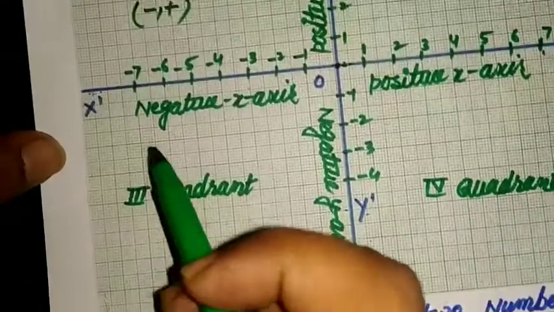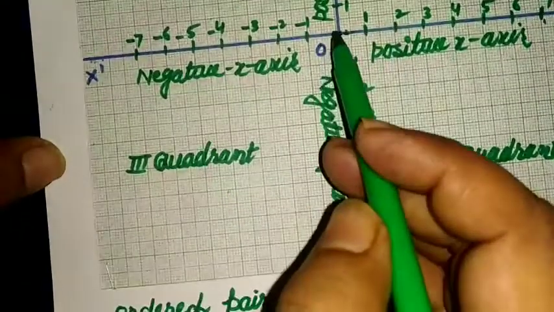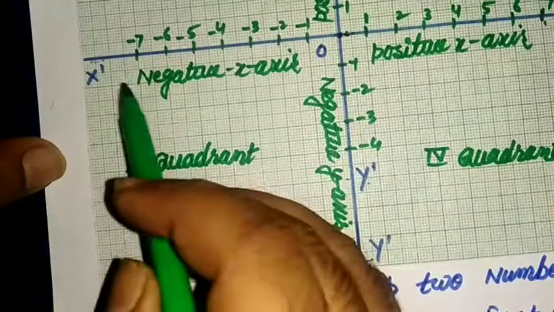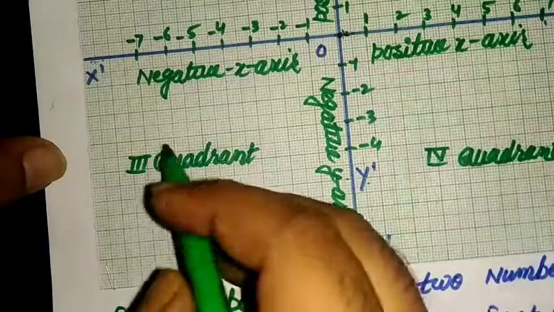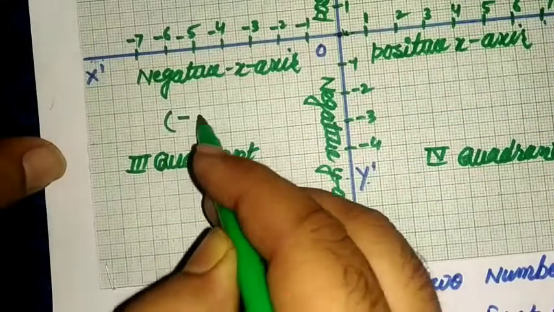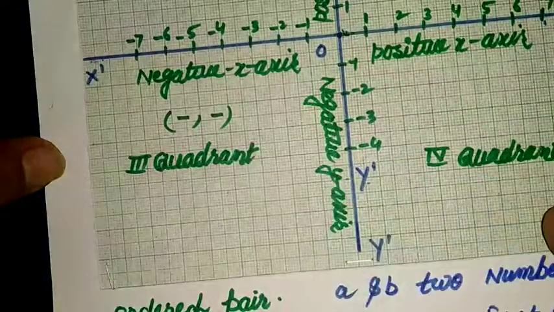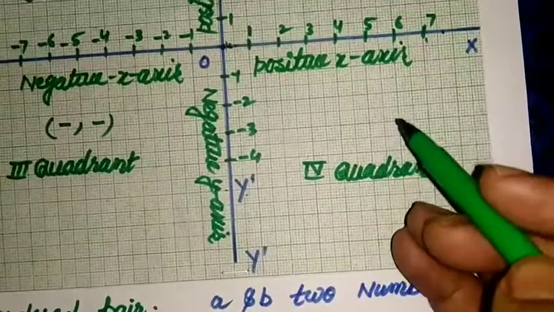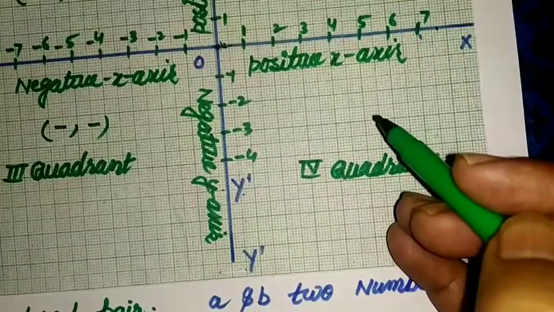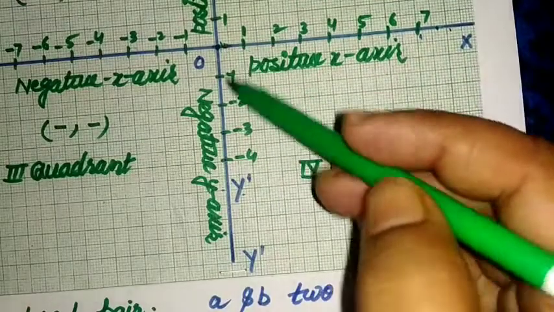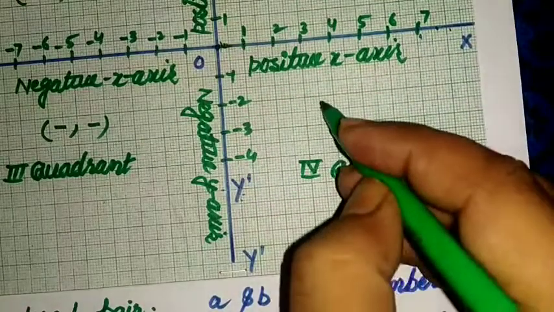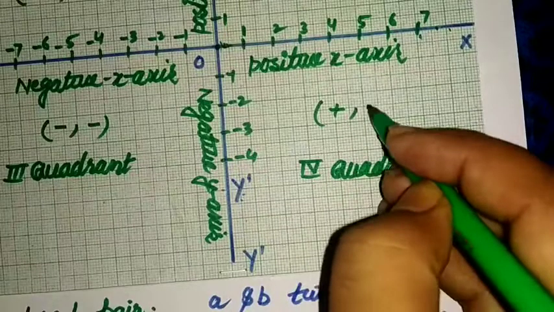Now see the third quadrant, the x axis here is negative and the y axis is also negative. So we can write here negative, negative, isn't it? And the last one we can say is the fourth quadrant, the first point is positive here and the second point is negative. So we can write positive, negative.